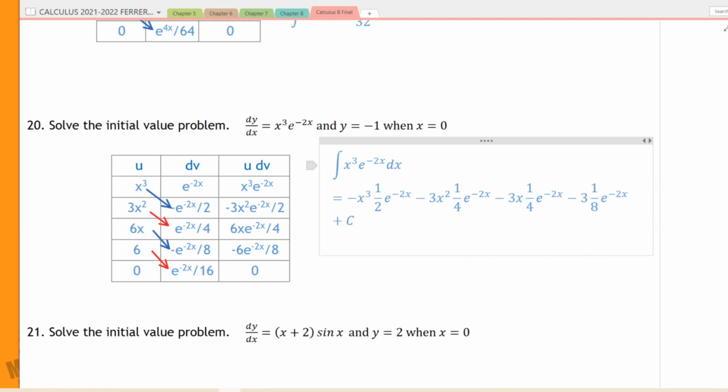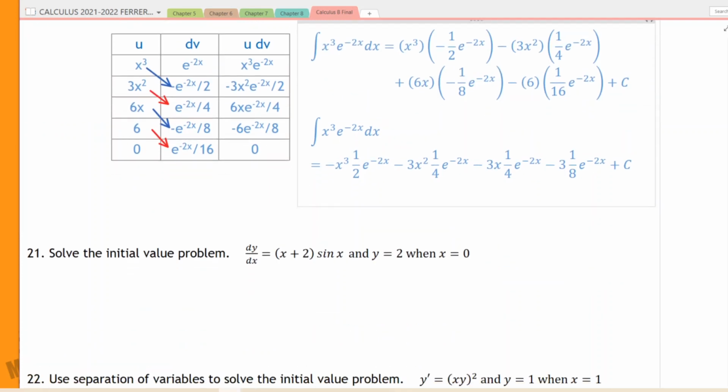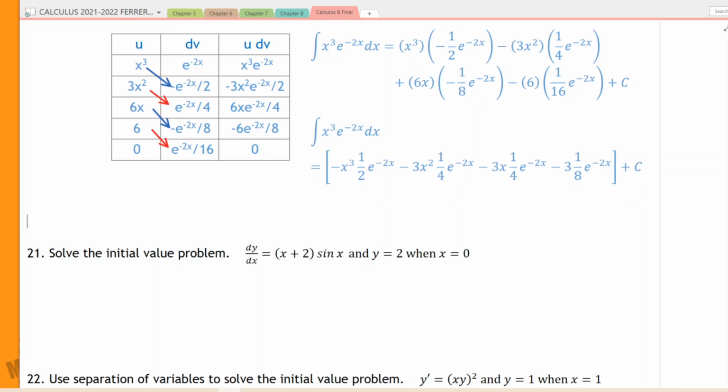And that looks like we're ready to start factoring things. All right. So what do I see here? Well, maybe the first thing we should do is to group everything except for the constant. I see an e to the negative 2x on every term. So we could definitely factor that out.